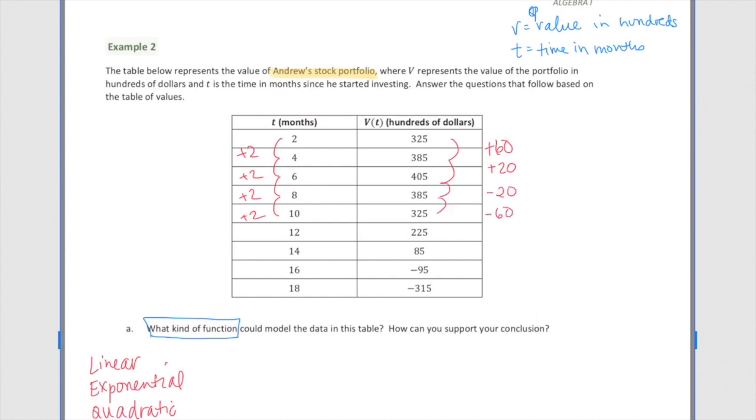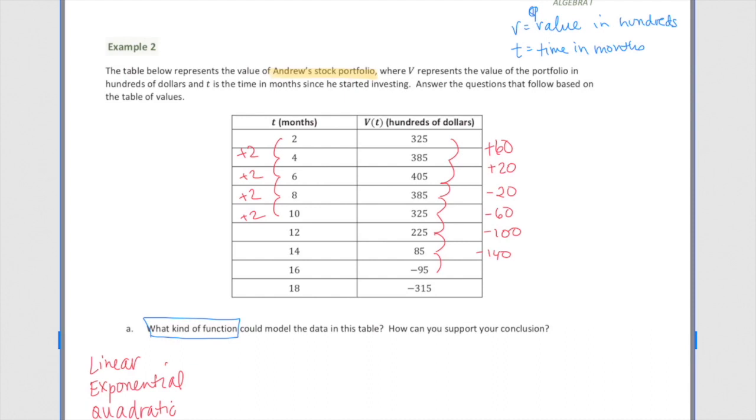And so you'll see me writing these changes, and what you'll notice right away is that they're not the same. So right away we can say they're not linear, and we can also say they're probably not exponential because we're not multiplying. This rate of change is not being multiplied or divided by something.